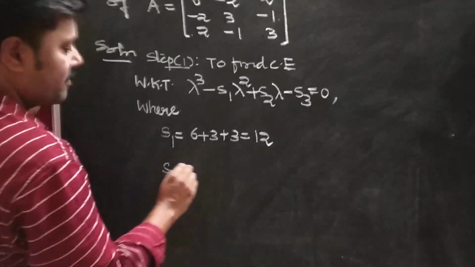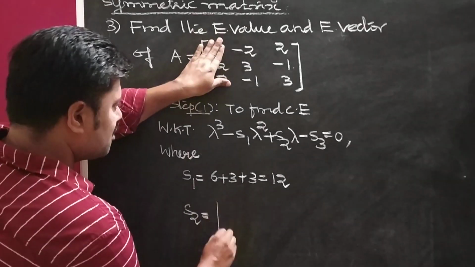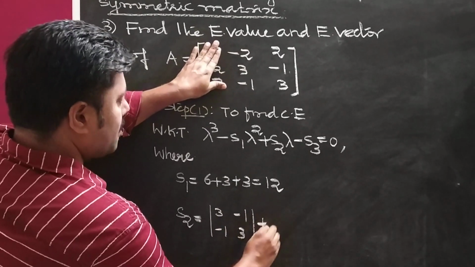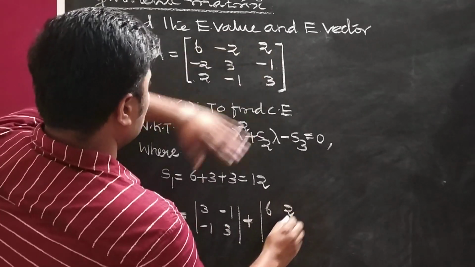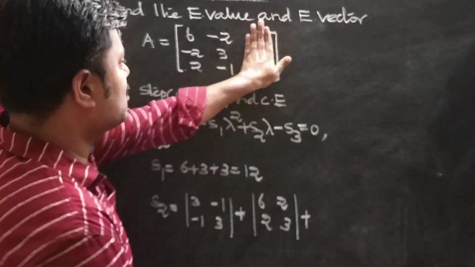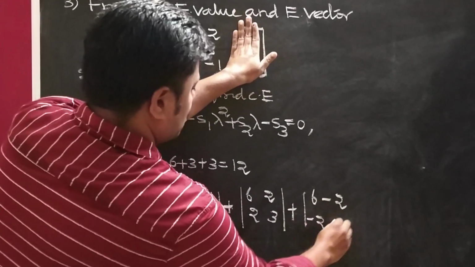S2 is the sum of the minors of the main diagonal elements. The minor of 6 is [3 -1; -1 3]. Then the minor of 3 is [6 2; 2 3]. Then the minor of 3 is [6 -2; -2 3].